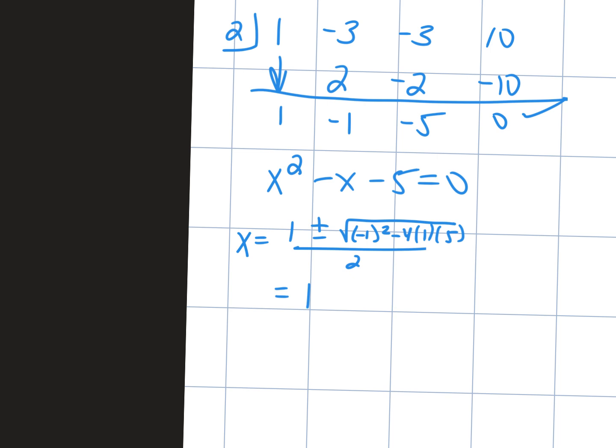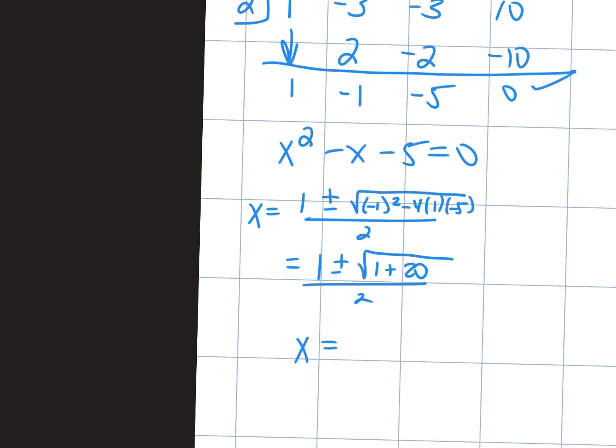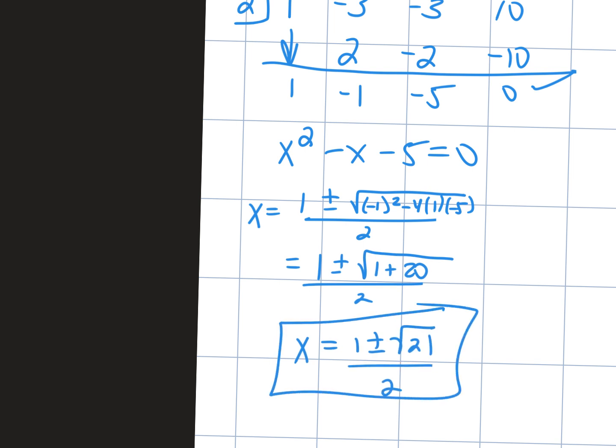So as we simplify, 1 plus or minus, this should be a -5. So 1 plus 20 over 2. So x equals 1 plus or minus the square root of 21 over 2. All right, that makes perfect sense. That's fine.